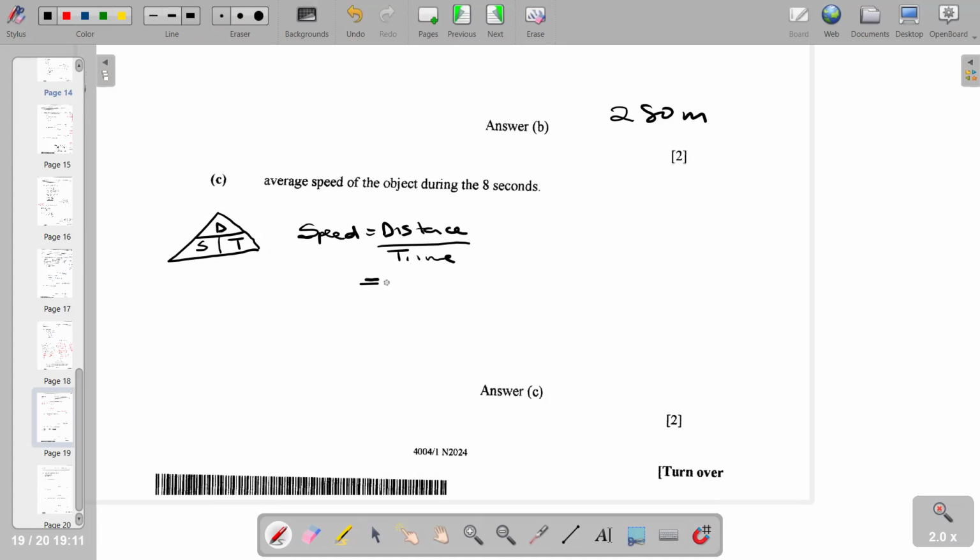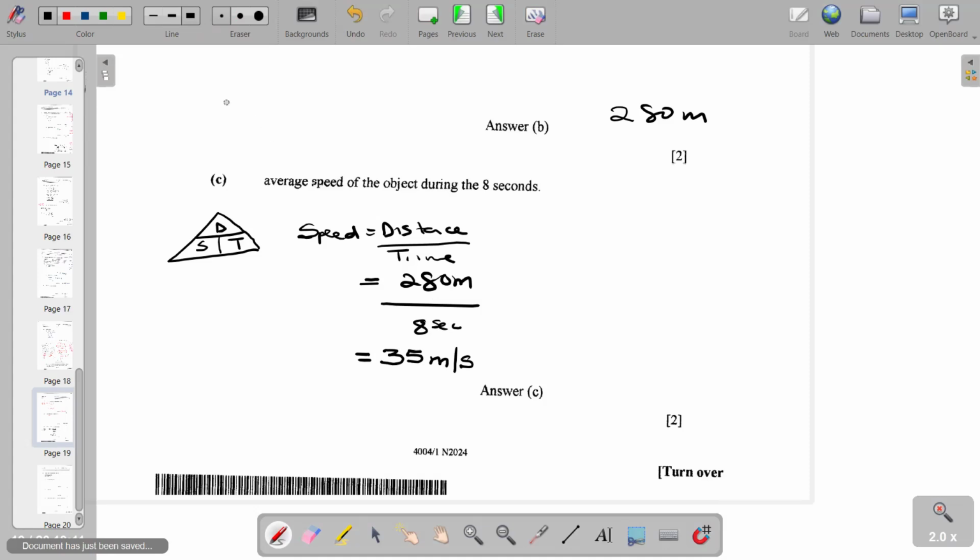The distance covered, we found it to be 280 meters. Divide that by the time taken, which is 8 seconds. If we simplify that, 8 goes into 28 three times, leaving a remainder of 4. So it's going to be 35 meters per second.